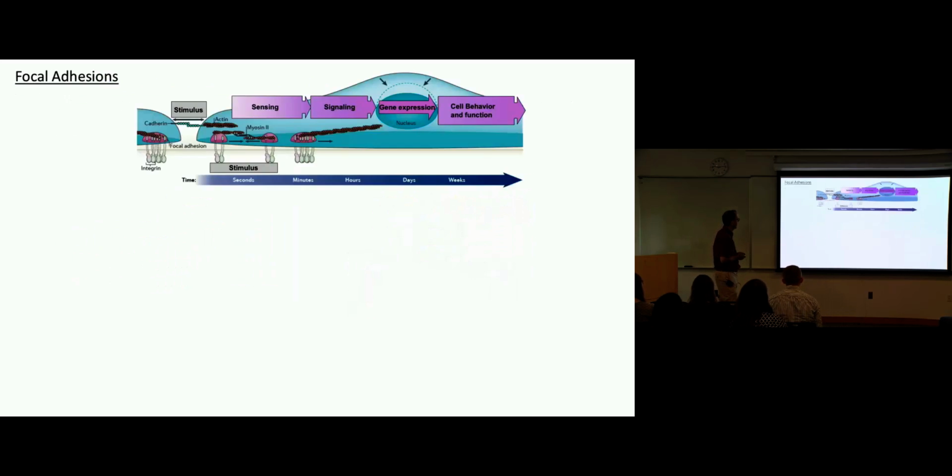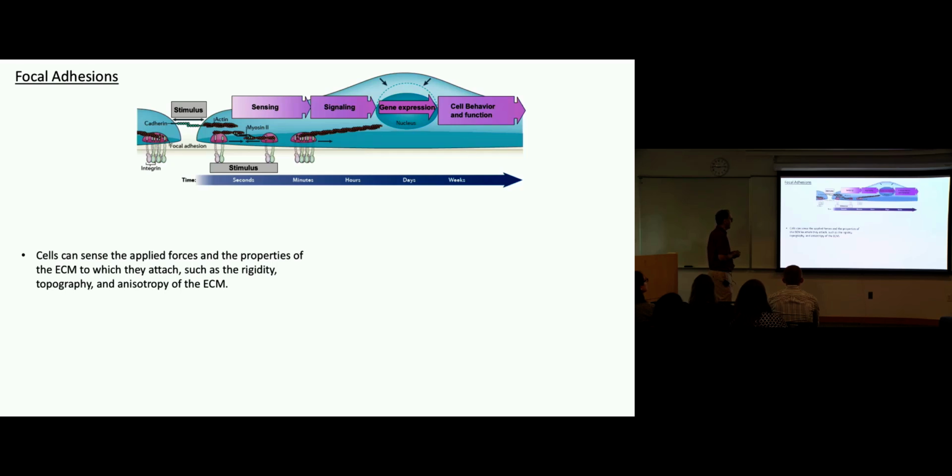Okay. All right, so first let's just talk about a couple of molecules in focal adhesions. So again, we have these really important structures that cells have that attach them to the extracellular matrix. They're attached to these important transmembrane proteins called integrins that bind several other proteins that ultimately connect to the actin cytoskeleton, which binds to myosin, and they're even linked through various mechanical linkages to the nucleus, and they affect gene expression.